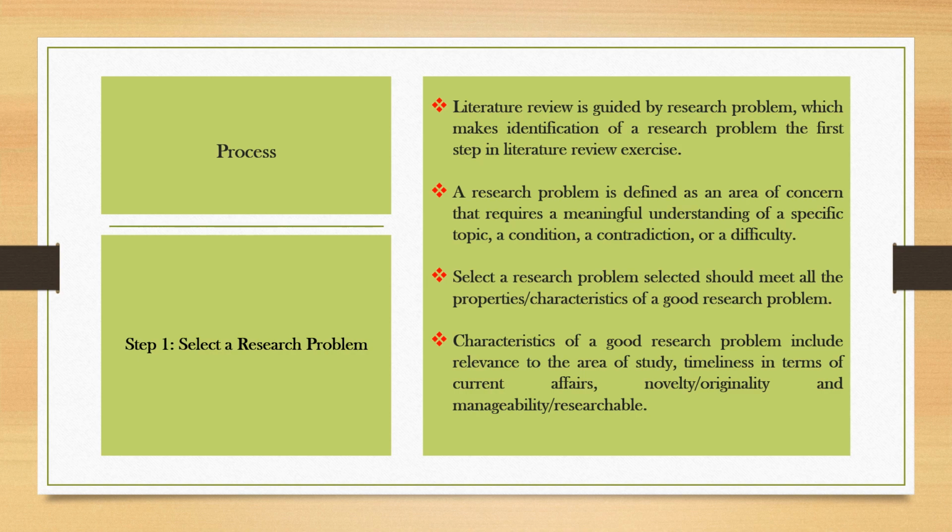Now, this would relate to those who are doing research, either at project, at dissertation, or at thesis level. So if you are doing a research at that level, the first thing that you do is to select a research problem. A research problem is simply an issue that you wish to carry out an investigation on for purposes of providing information that supports it.